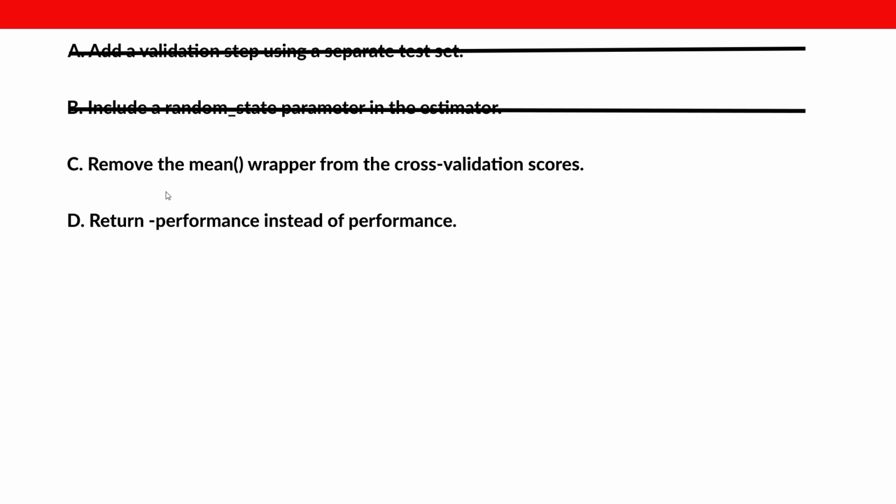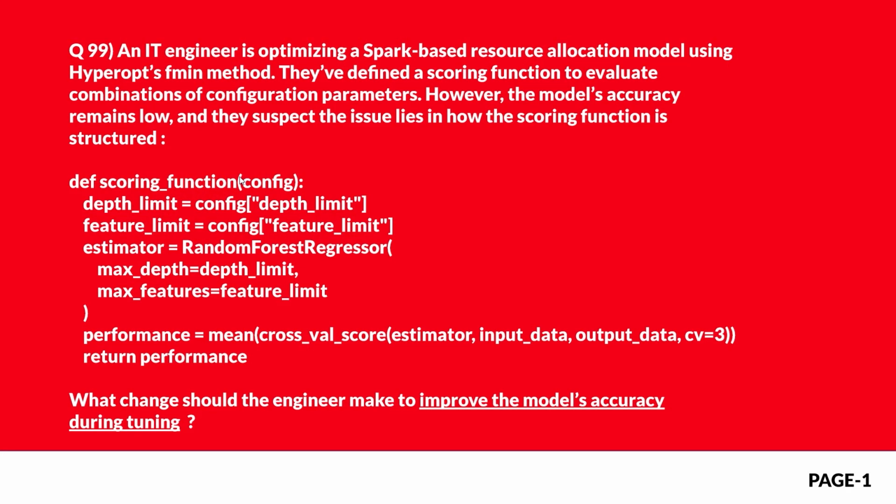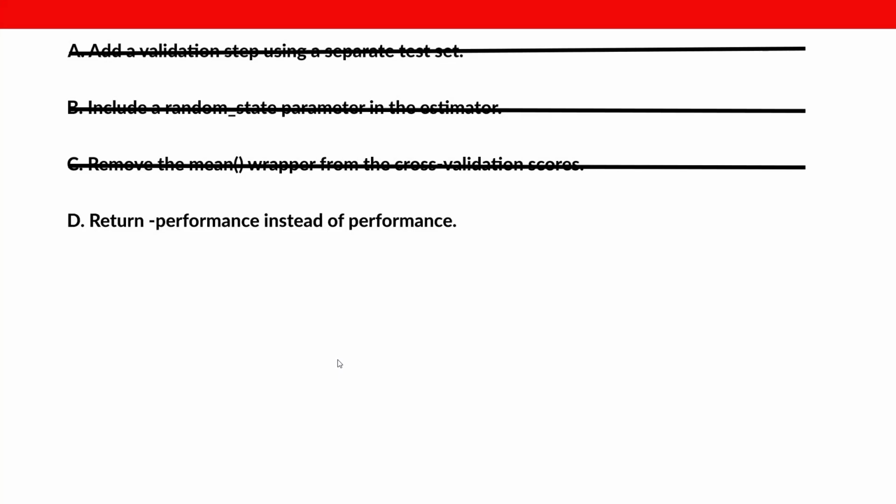We'll move to now option C. C says remove the mean function wrapper from the cross validation scores. Removing mean function breaks the scalar return expected by fmin as required by here. That being said, option C is also incorrect.